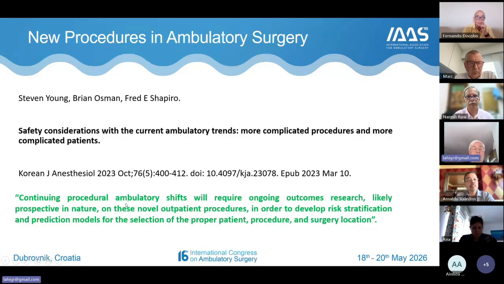The conclusions of the article are that continuing procedural ambulatory shifts will require ongoing outcomes research, likely prospective in nature, on these novel outpatient procedures in order to develop risk stratification and prediction models for the selection of the proper patient, procedure and surgery location. It revives a classic concept, patient-tailored surgery.